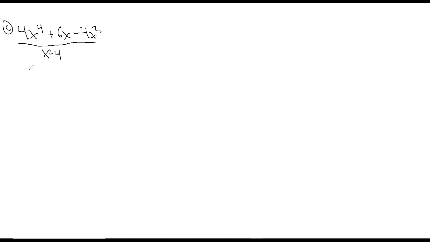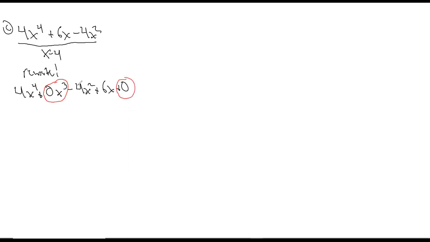This one needs to be rewritten as 4x to the 4th plus 0x to the 3rd minus 4x squared plus 6x plus 0. There was no x to the 3rd term, but we need to see it. There was no constant term, but we need to see it.